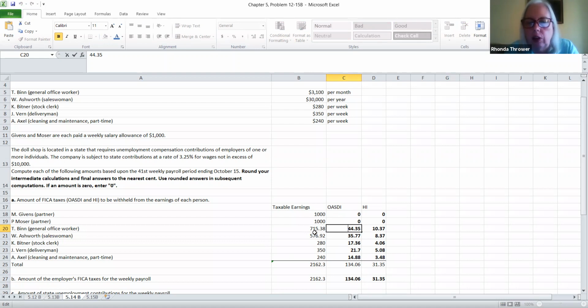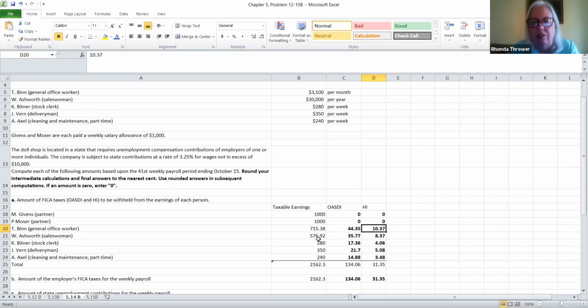You take the $715.38 and multiply it by 1.45% for HI, and that gives you $10.37.